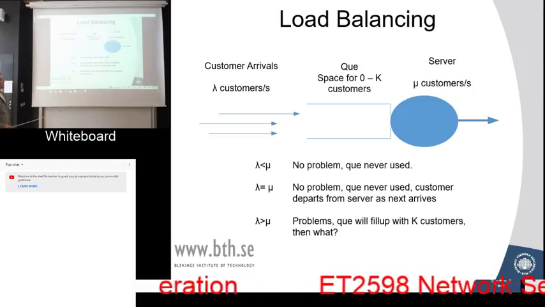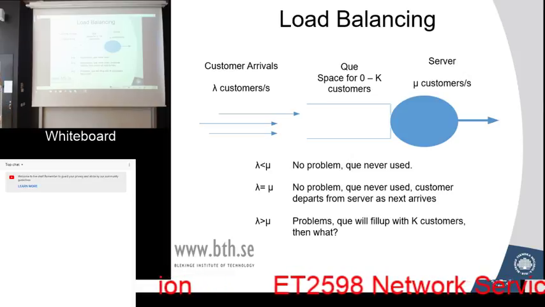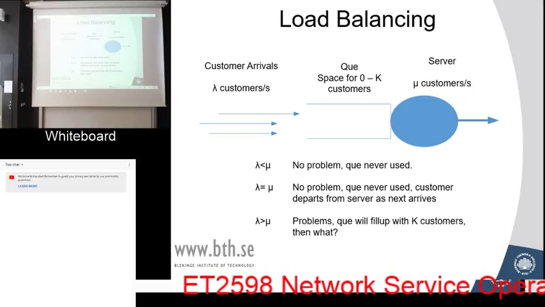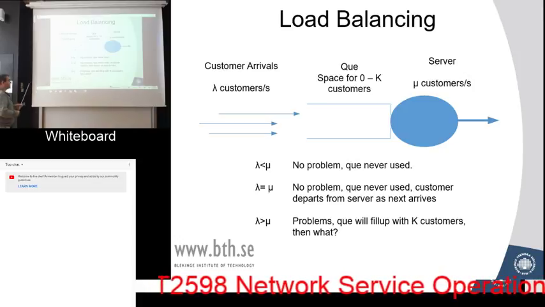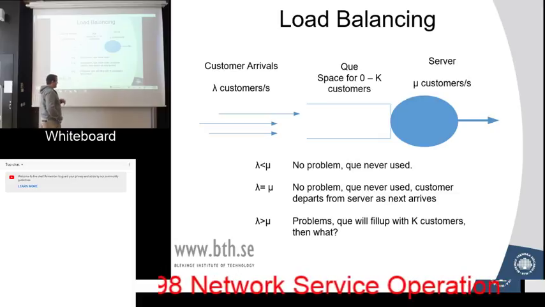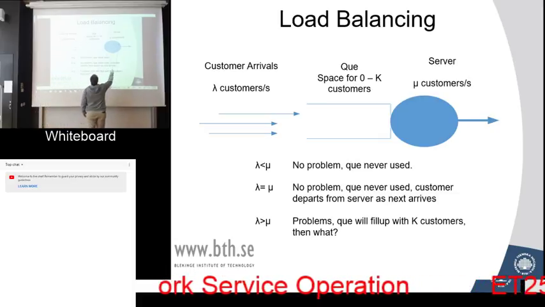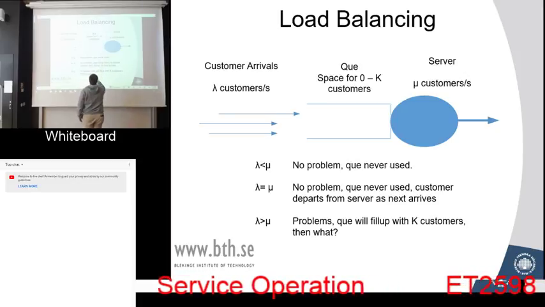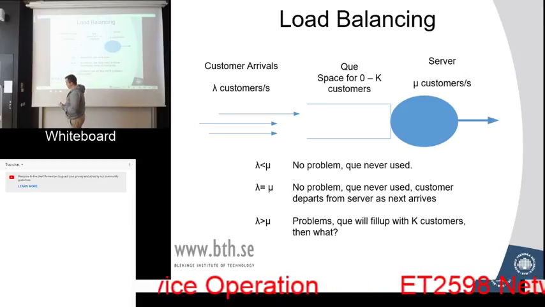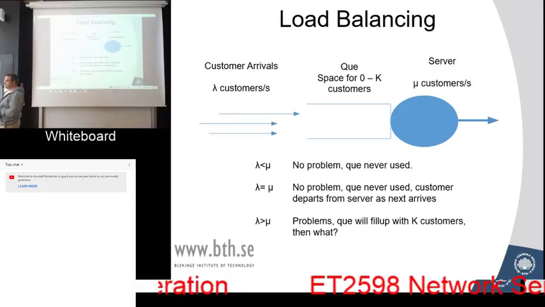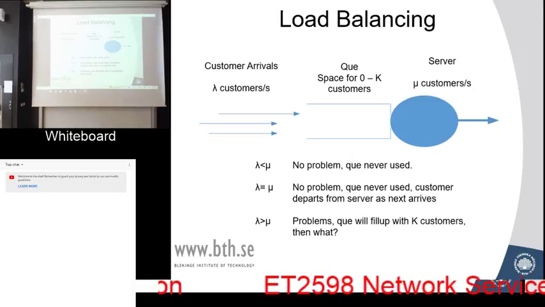This here is a very simple model for a queuing system. A queuing system is made up of a server, this being this entity, and a queue. A server can handle a certain amount of customers per second.